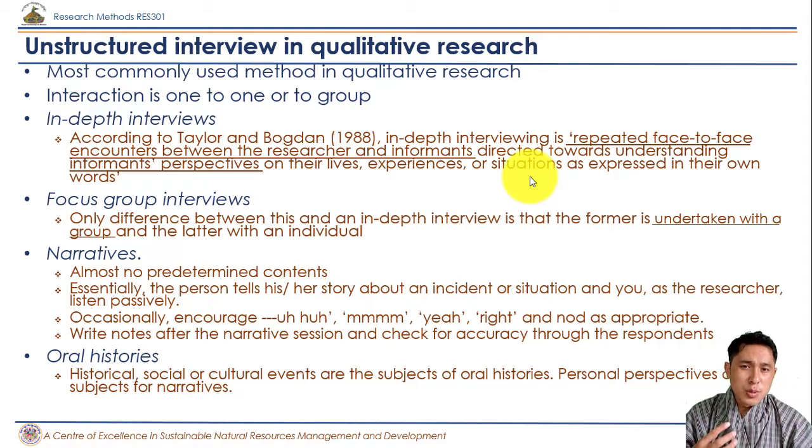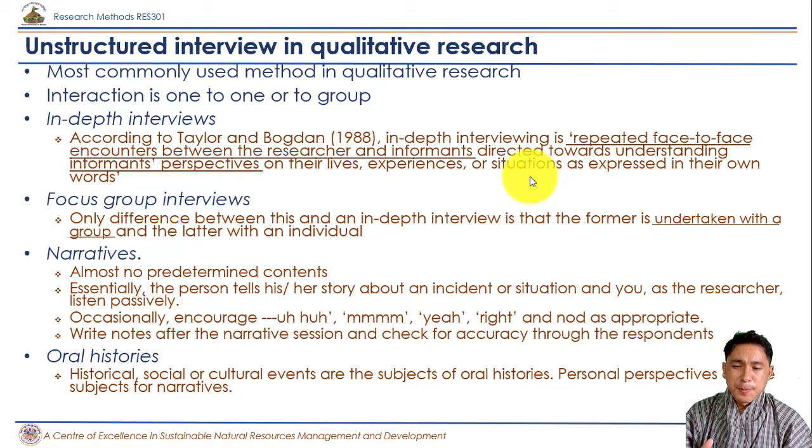So you're asking the groups, and these groups are basically giving us in-depth knowledge about the objective that we are trying to look at. And that's the difference between the focus group interview and in-depth interview, just the inclusion of groups in case of a focus group interview.